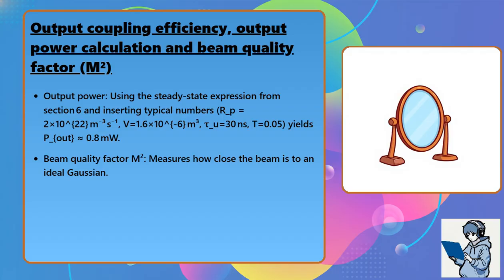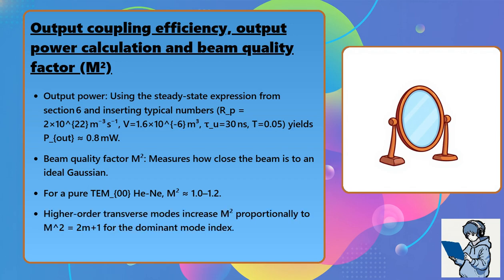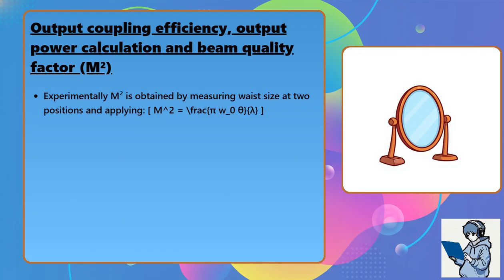Beam quality factor M squared measures how close the beam is to an ideal Gaussian. For a pure TEM00 HeNe, M squared is approximately 1.0 to 1.2. Higher order transverse modes increase M squared, with M squared equals 2M plus 1 for the dominant mode index.